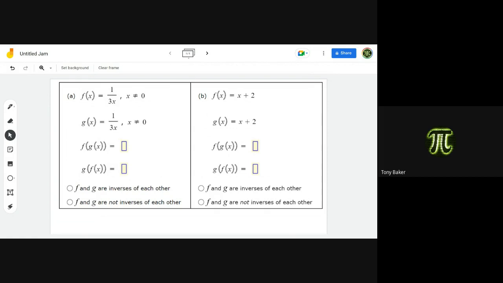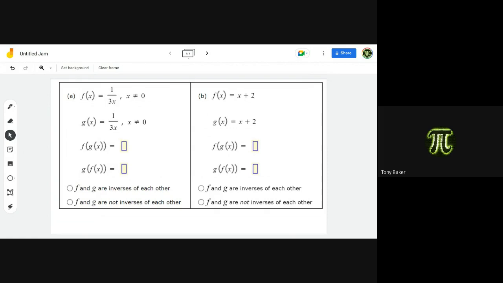When you put them together, you should get x. Just x when you simplify the problem down. No negatives, no numbers, no addition, nothing. Just x. As long as they both come out to be x, they're inverses of each other.